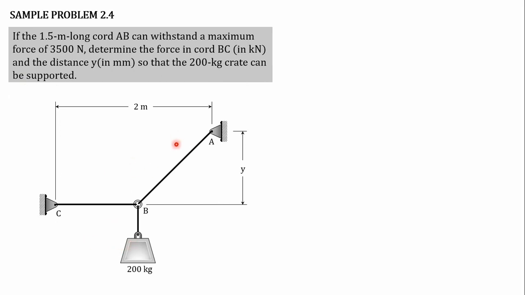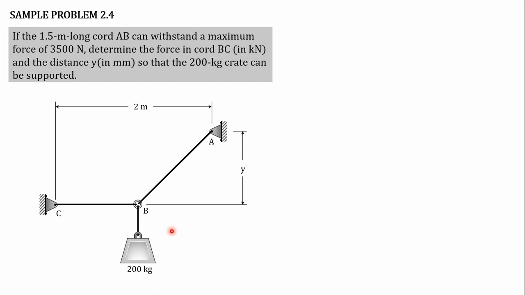In this problem, the crate is at rest, meaning it is in a static condition. In equilibrium, we can use the summation of horizontal forces Fx equal to 0 and the summation of vertical forces Fy equal to 0. Our target is to solve Y and tension BC. Take note that the tension of this cable is equal to the weight of the 200 kilogram mass.